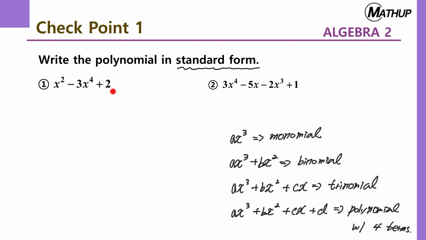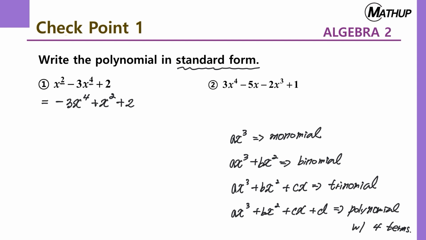Constant term, its degree is 0, right? So let's rewrite this polynomial in standard form. Here, degree 4, so negative 3x to the power of 4, then degree 2 here, right? So plus x squared, then constant 2. That's the polynomial in standard form.